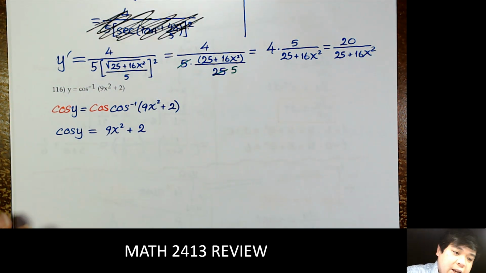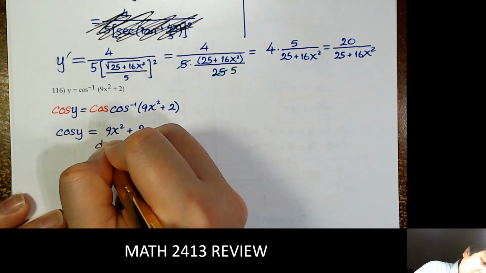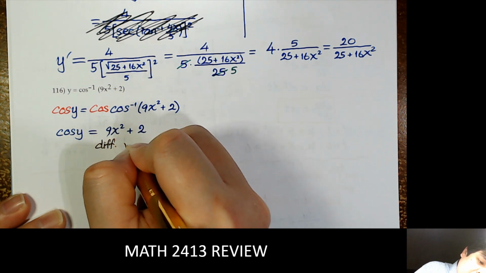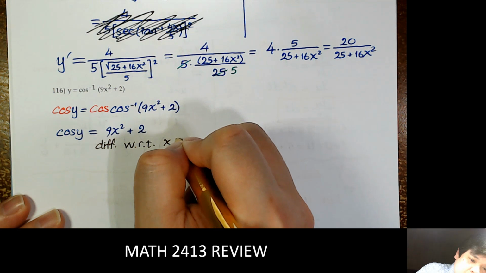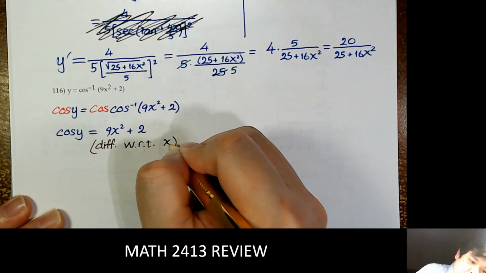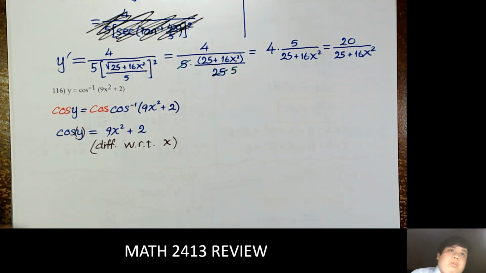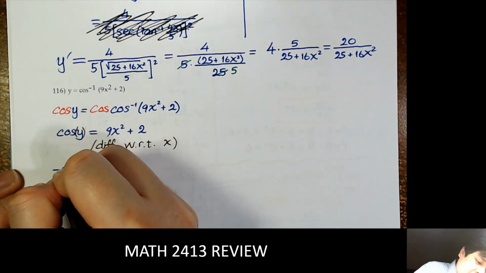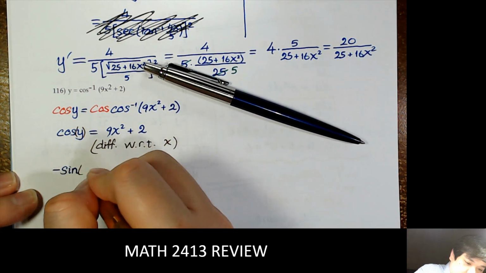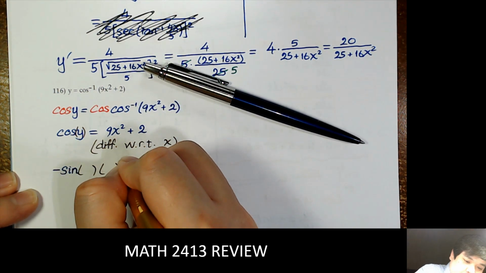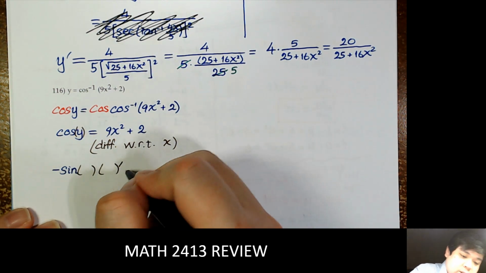Then differentiate with respect to x. So y is not x, so I put parentheses around it. Derivative of cosine is negative sine of the parentheses, times the derivative of the parentheses. So that's standard chain rule.